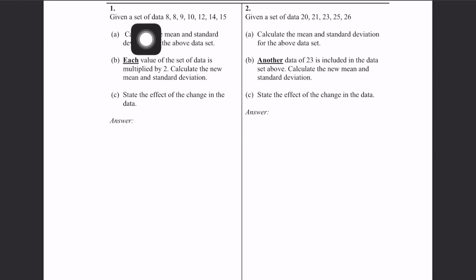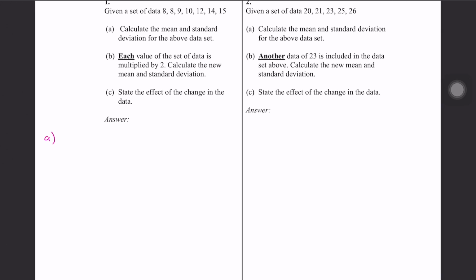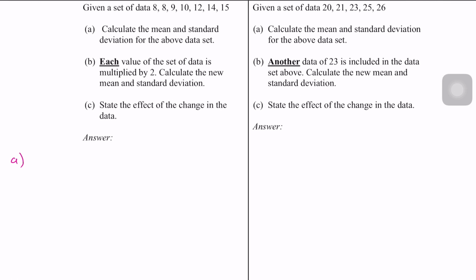Given a set of data 8, 8, 9, 10, 12, 14 and 15. Calculate the mean and standard deviation for each data set. To calculate the mean is easy. A, mean. Mean is x bar.